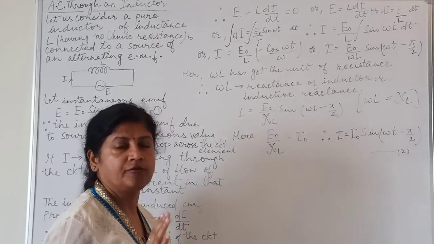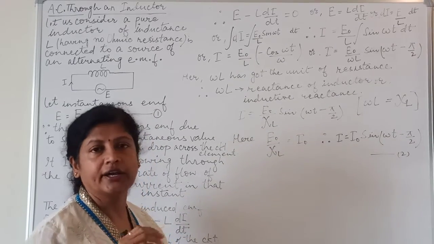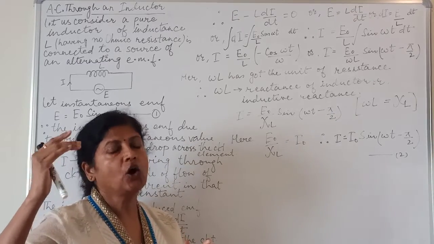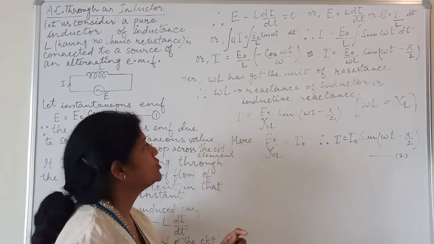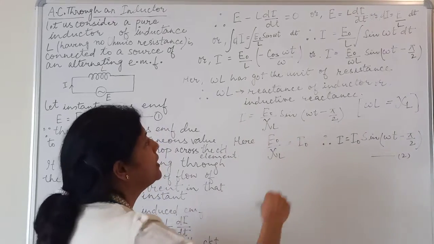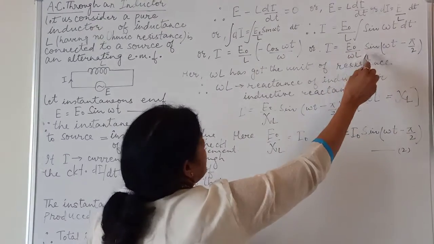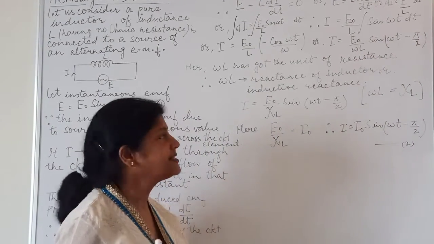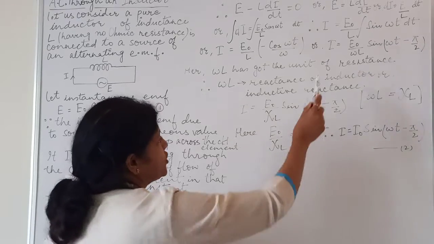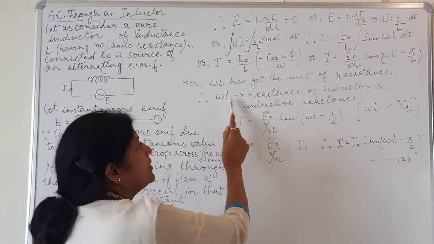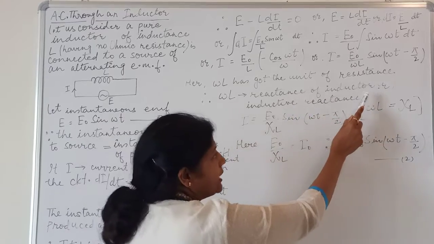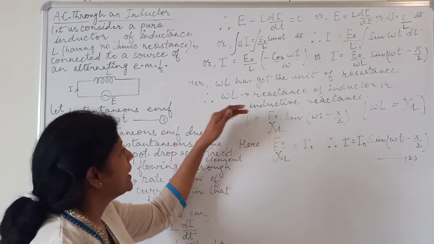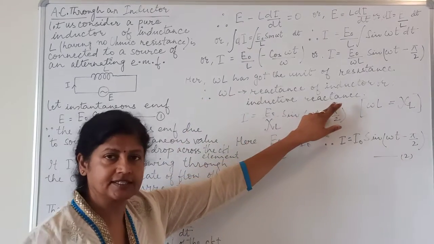Using Ohm's law, V is equal to IR or E is equal to IR, or I will be V upon R. So comparing with that relation, omega L is nothing but acting as a resistance.